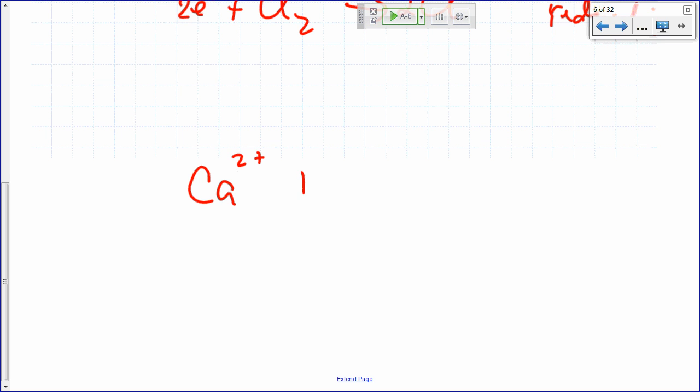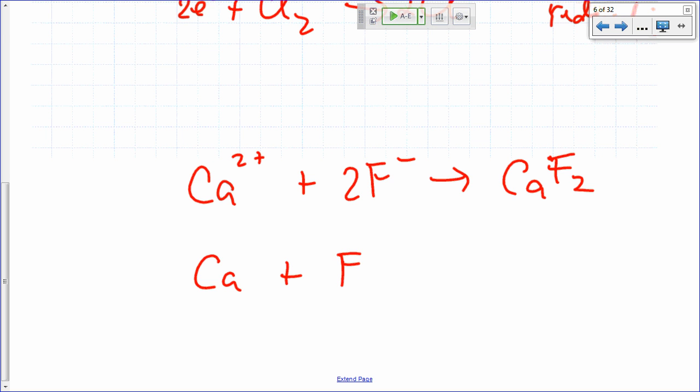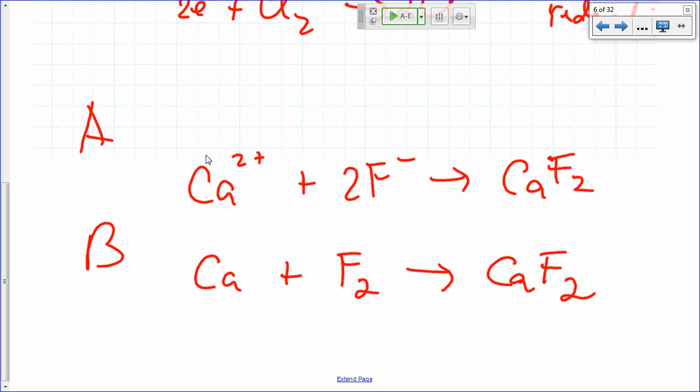Calcium plus 2 fluorides gives you CaF2. And the other one would be calcium plus F2 gives you CaF2. Okay? Which, A or B, which one is a redox reaction?